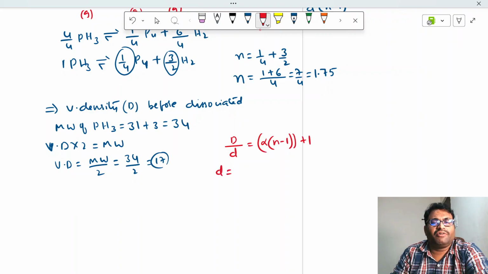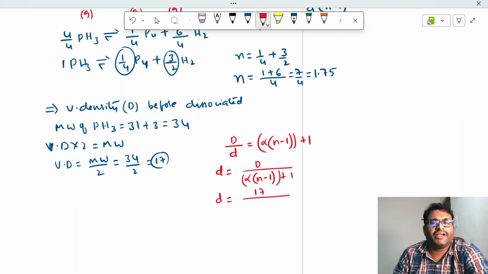Now d is equal to D divided by alpha (n - 1) + 1. So capital D is 17, alpha is already seen, 0.4, and number of moles is 1.75.